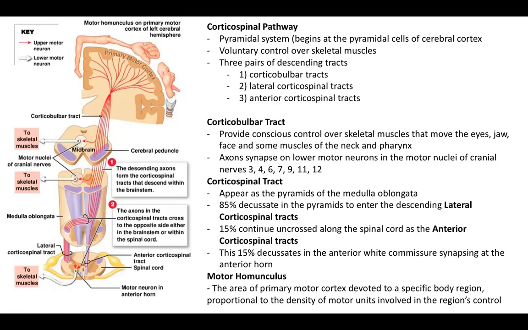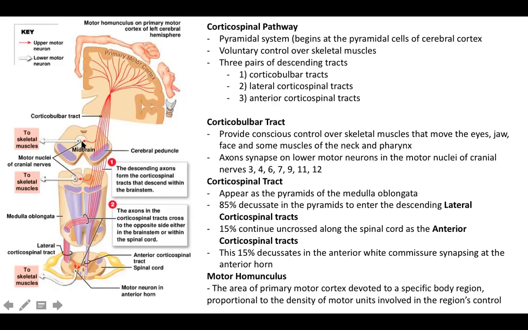So the corticobulbar tract, you see, also has a few neurons that come off. These neurons from the corticobulbar tract synapse at the motor nuclei for cranial nerves. Okay, so the different cranial nerves, we list them here: 3, 4, 6, 7, 9, 11, 12.